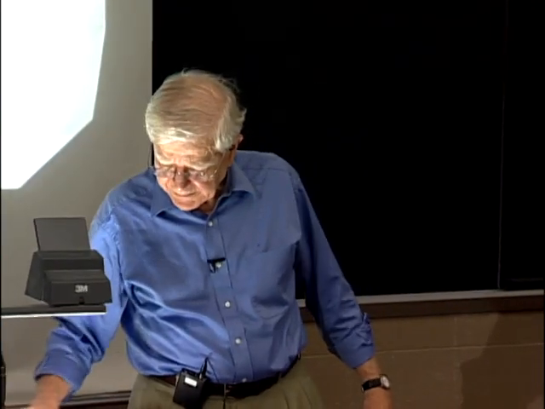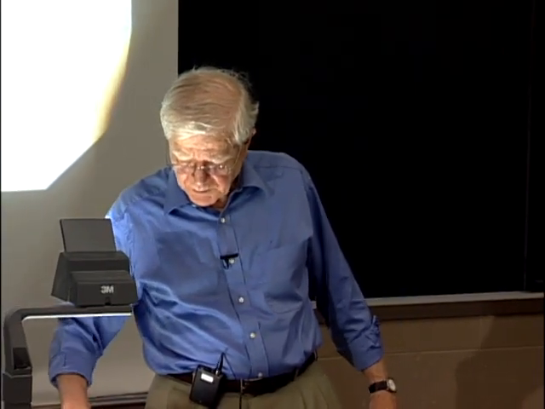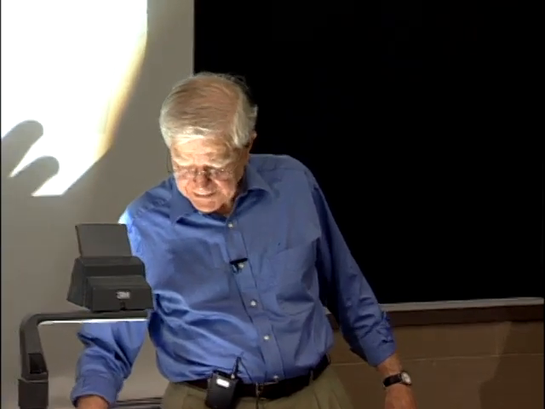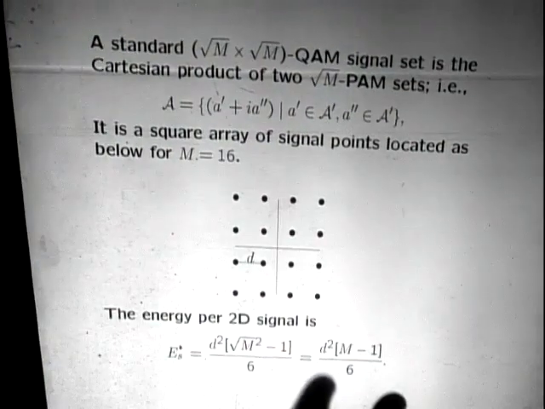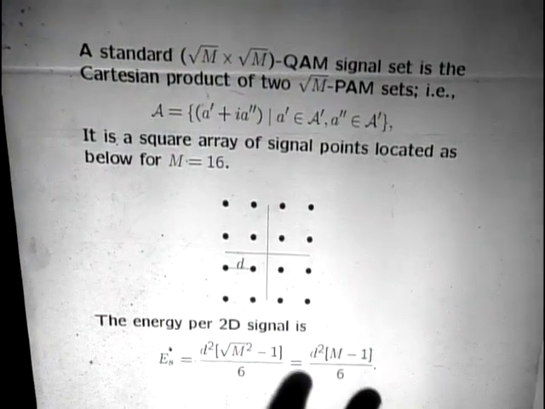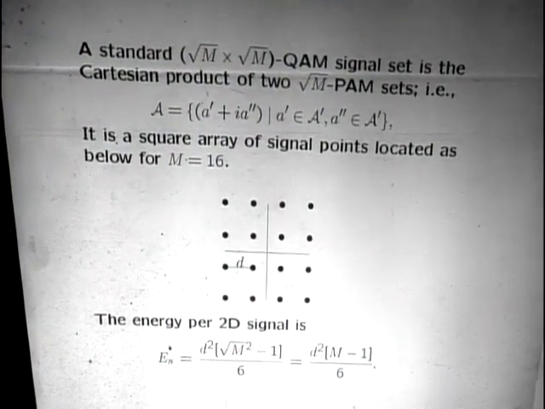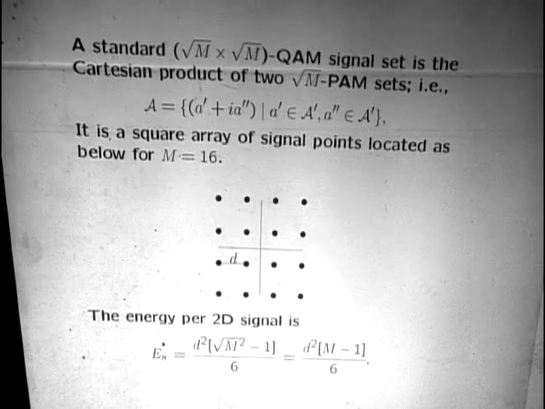But before getting into that, we want to talk about a standard QAM signal set, and in a minute, I'll explain why people do that. As you might imagine, a standard QAM set is just a square array of points.